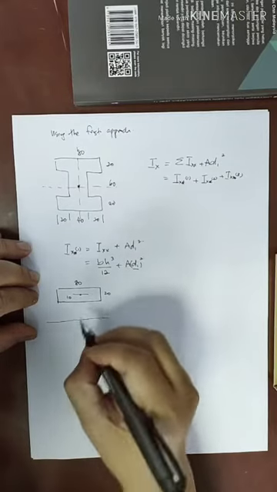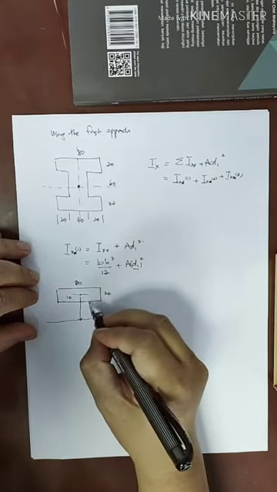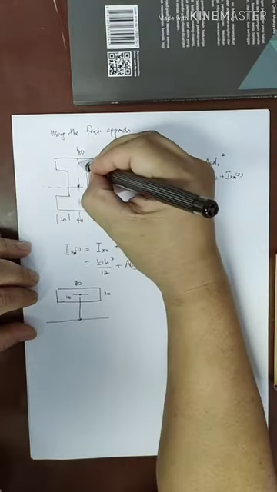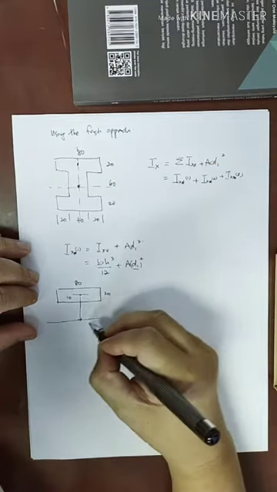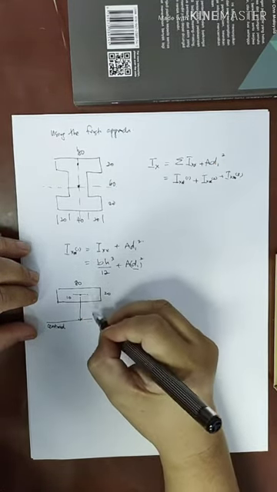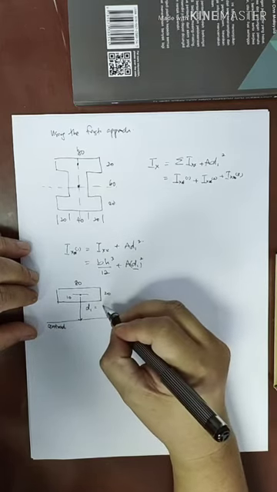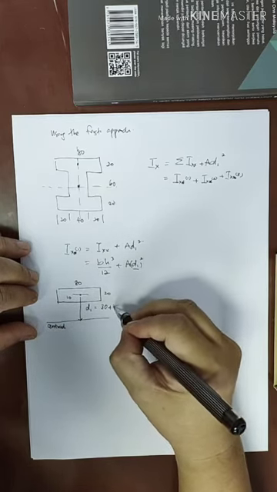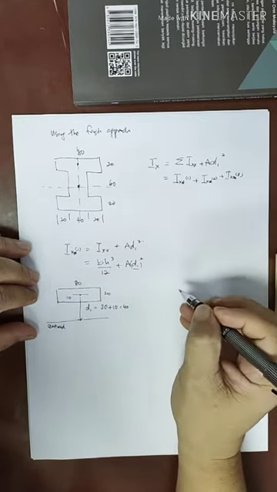Located at how much distance from the center to the centroid? This is the centroid. So this D1 is equivalent to 30 plus 10. Okay.